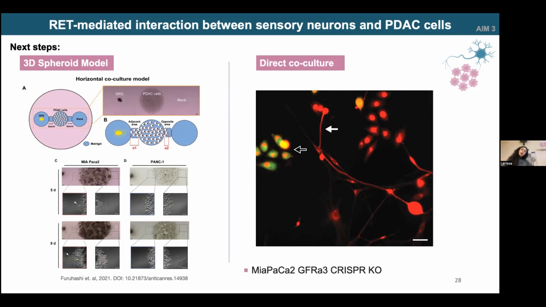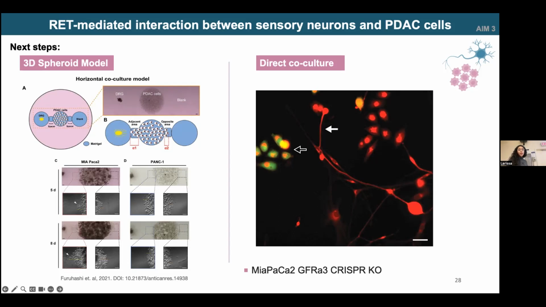We'll also perform a 3D model where we'll be able to visualize the cancer cells migrating towards the DRG. You basically form a spheroid with the cancer cells, and the DRG neurons also aggregate really easily. So you can have two 3D structures, and then you can see the migration of cancer cells through this bridge, something like that.